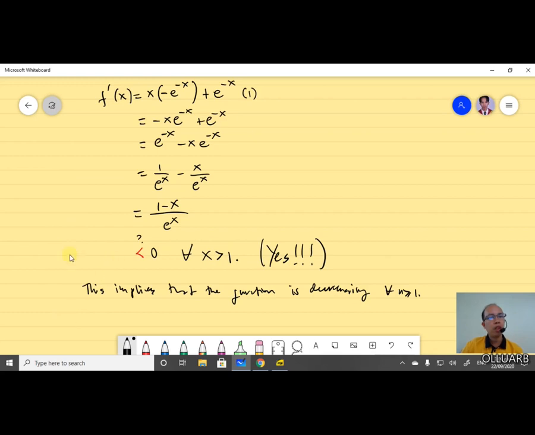So n, or this is x. You can replace this 1 by x.